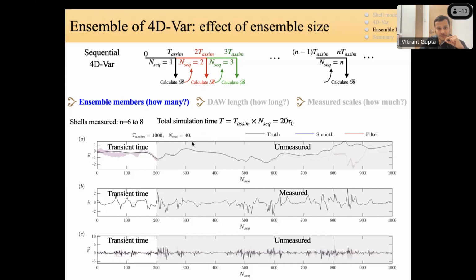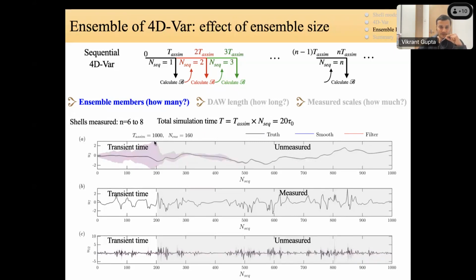So when we use 40 ensemble members, we actually are able to predict these large time scale shells, but the code is not stable, which means that there may be some error at some point, and then we are not able to come back to the ground truth.